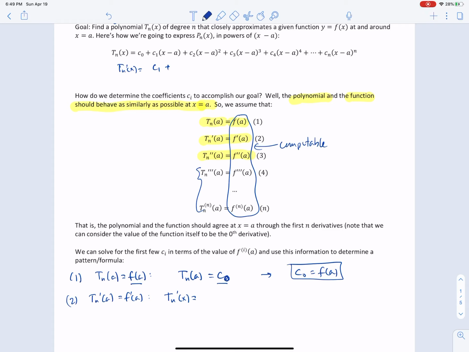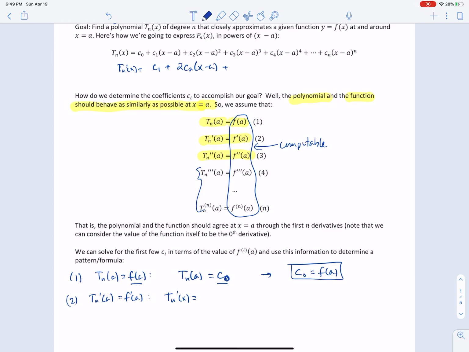The derivative of c2 times (x minus a) squared, I can use the chain rule: I'm going to get 2 times c2 times (x minus a) to the first times the derivative of x minus a, but that's just 1, which is convenient.